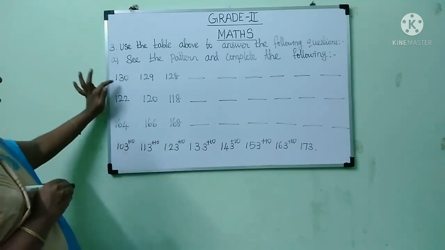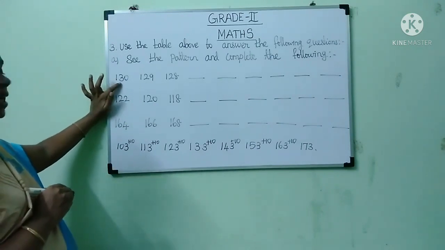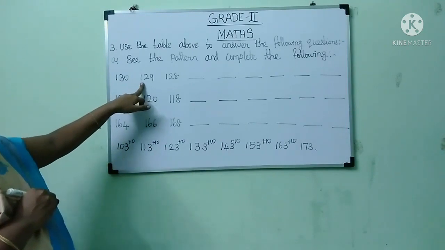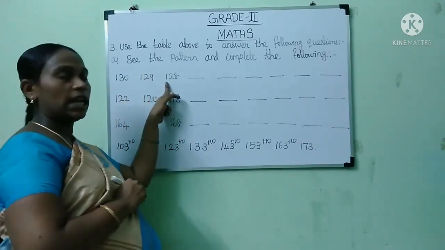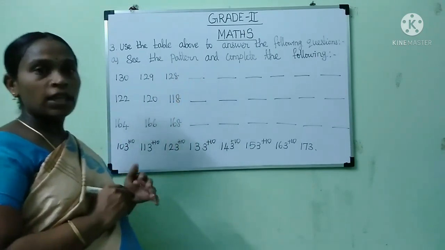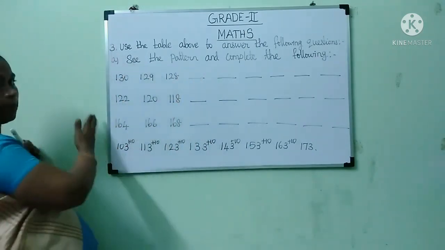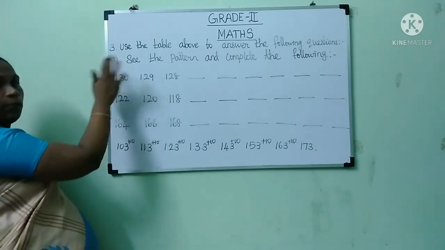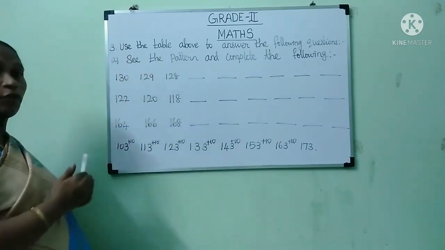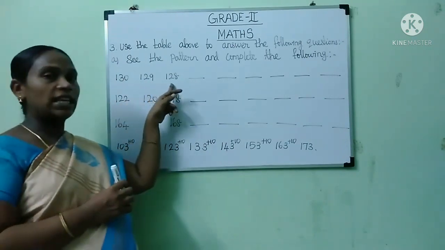But the first sum here is given 130, next 129, next 128. So what will come next? This is the before number: 130, before that 129; 129, before that 128.